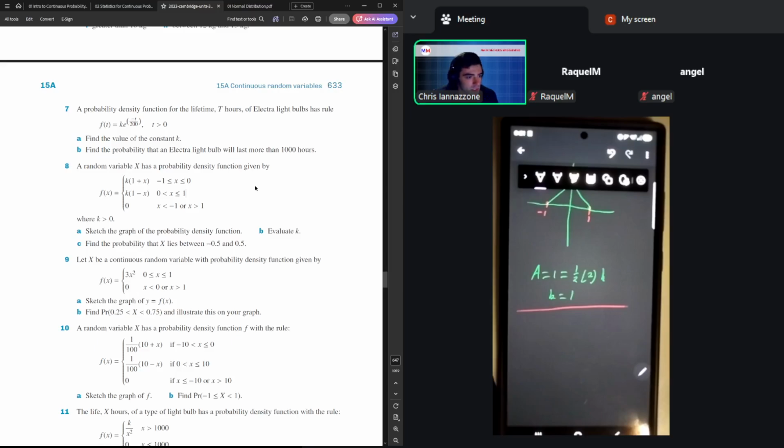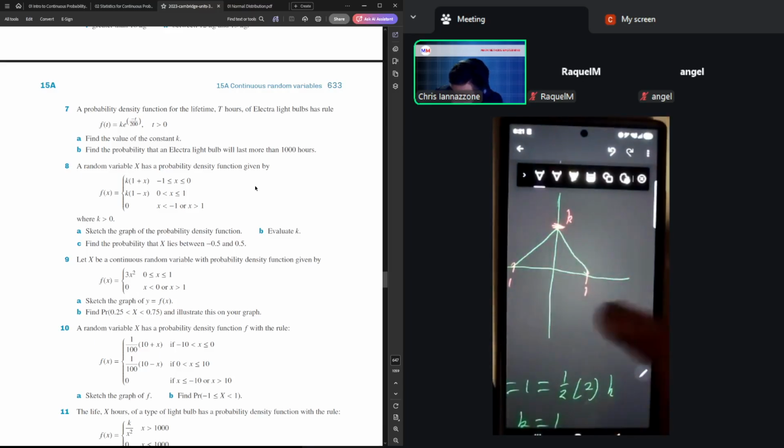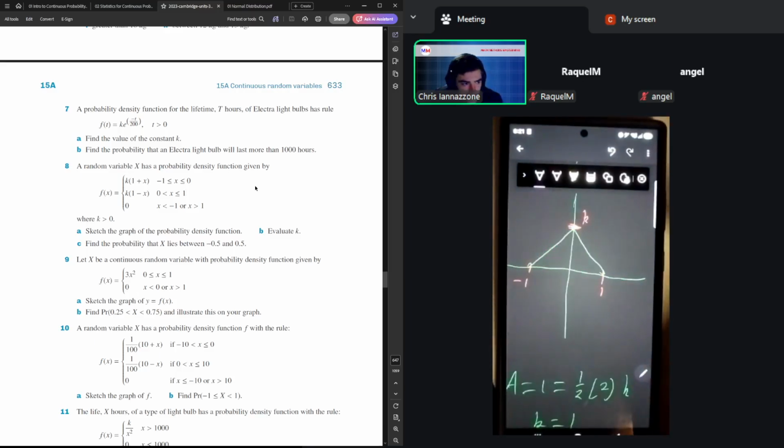Part C, find the probability that x lies between negative 0.5 and 0.5. That's a bit of a nasty question, because, no, your CAS can actually do this in one go. If you define your function as a piecewise and integrate from negative 0.5 to 0.5, it will just resolve it.